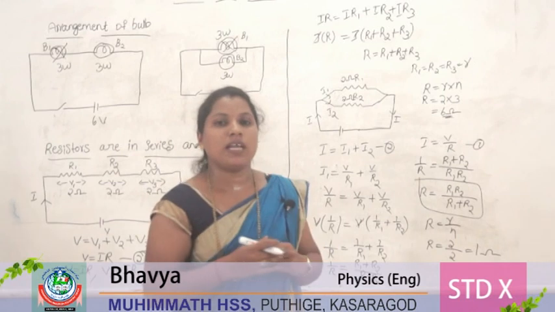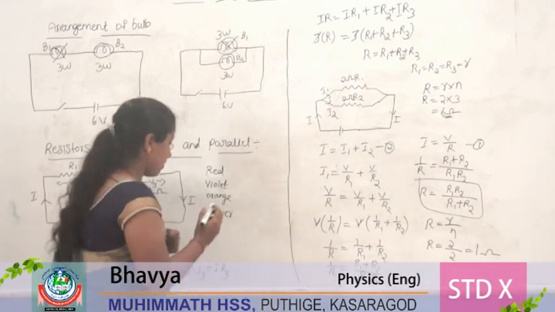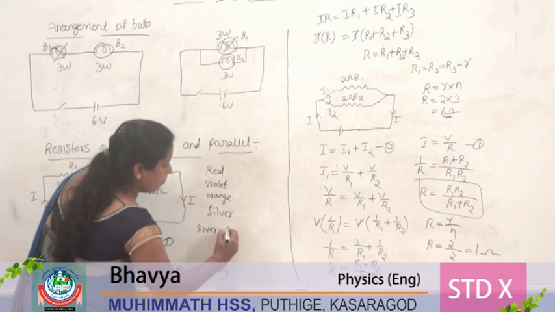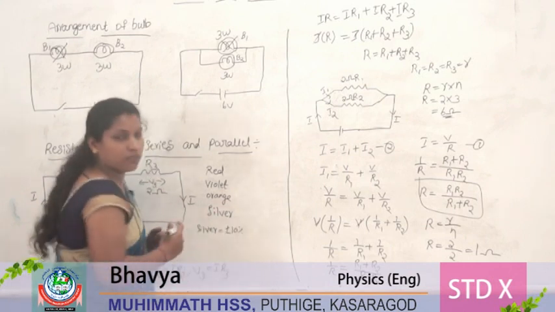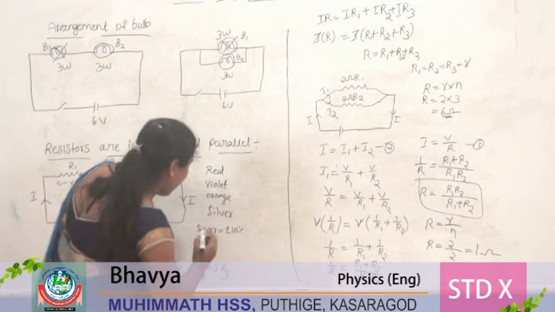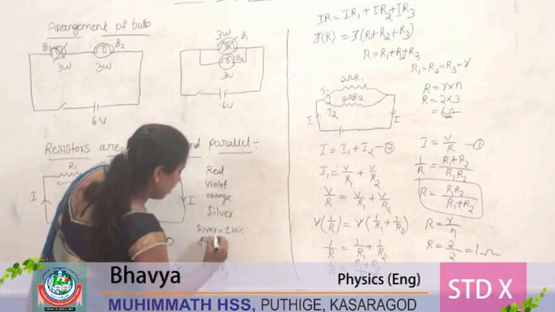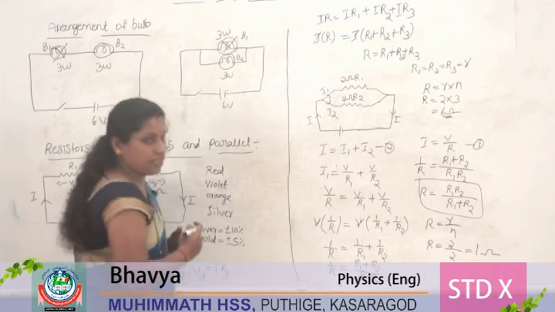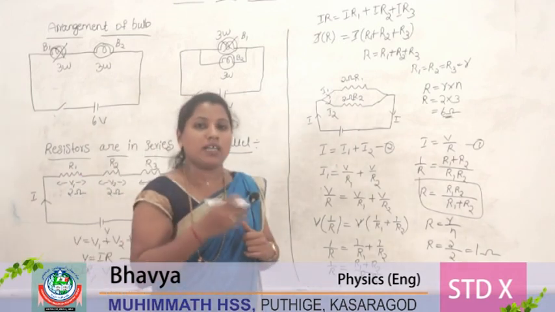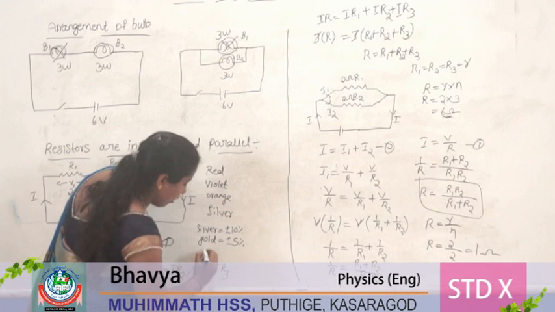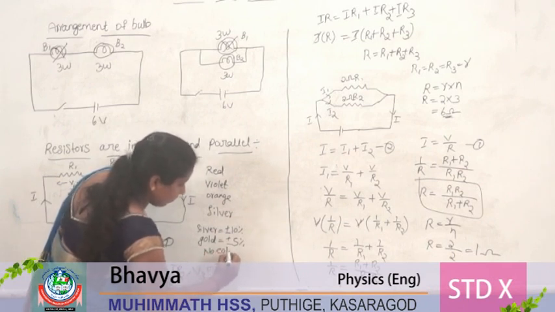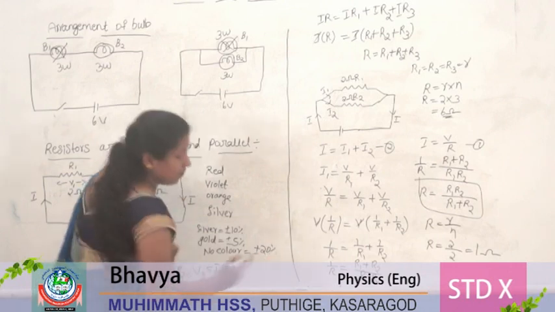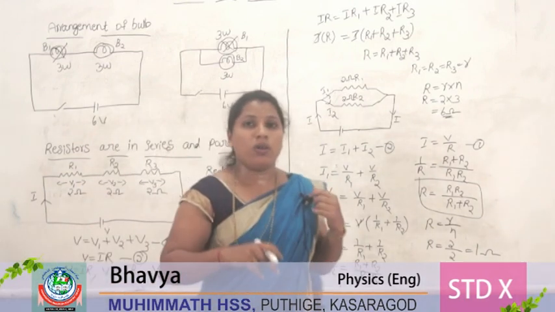If silver color is there, deviation is plus or minus 10%. If gold color is there, deviation is plus or minus 5%. If there is no color, plus or minus 20%. So see that column.